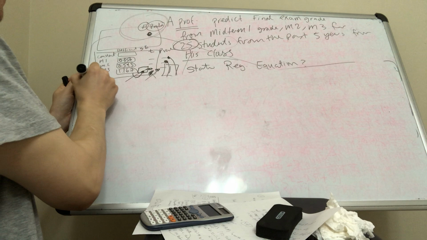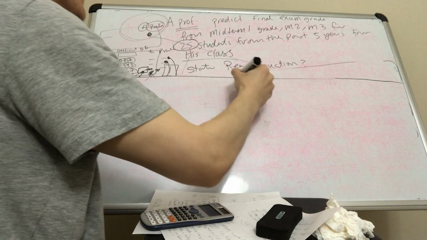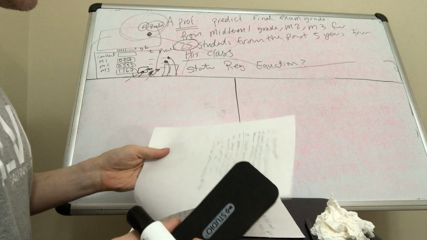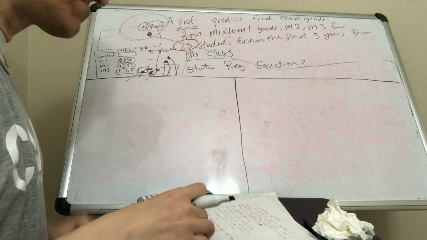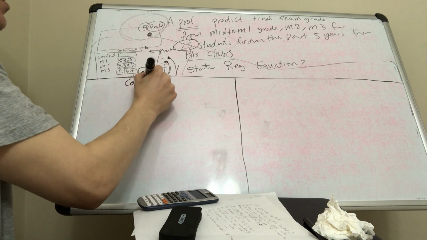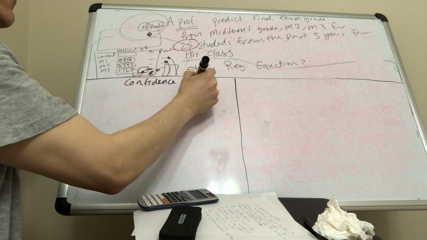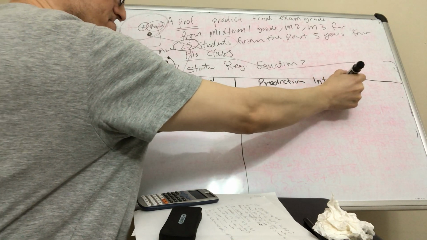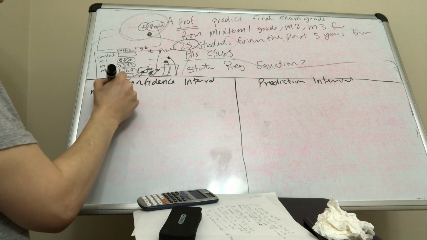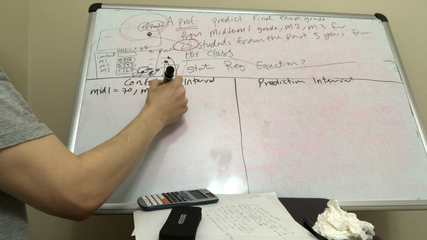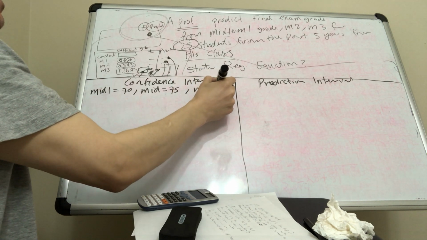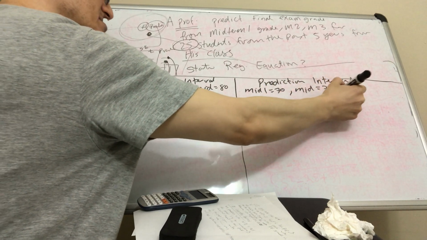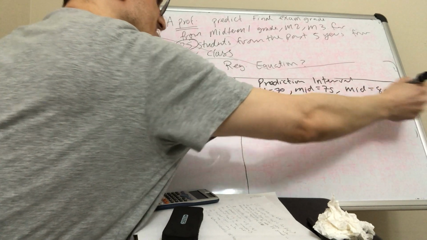Now the last thing in this assignment was to talk about the two intervals: the confidence interval and the prediction interval, again for the student with midterm 1 of 70, midterm 2 of 75, and midterm 3 of 80.